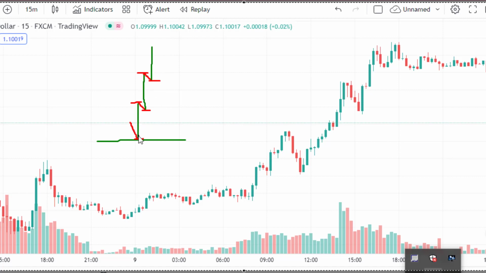Why is it an uptrend market? Because these are the symptoms: the market creating low, higher low, high, higher high. That means a higher low, higher high situation. So now we can call it a clear uptrend market.